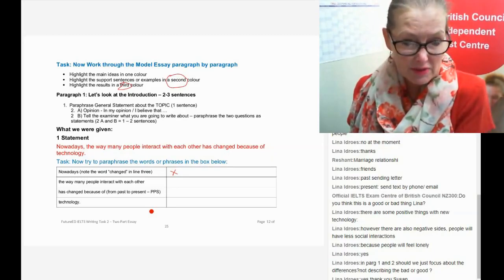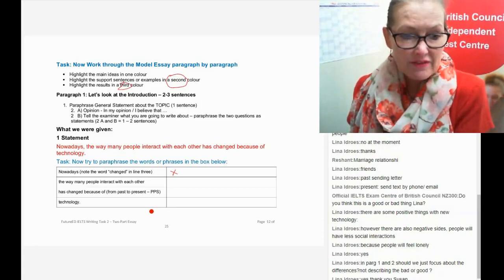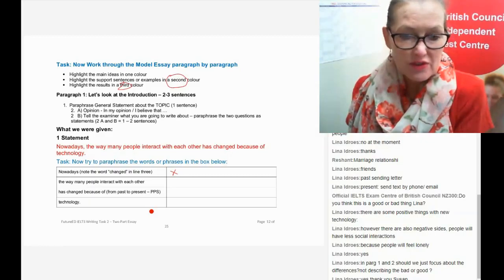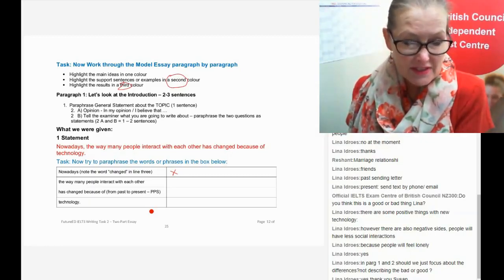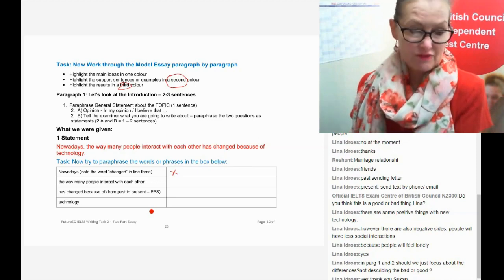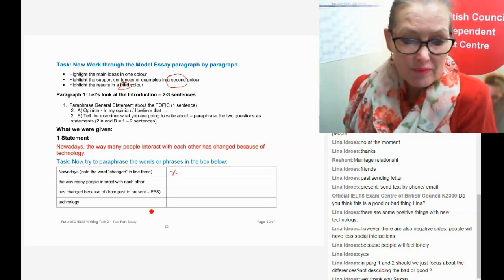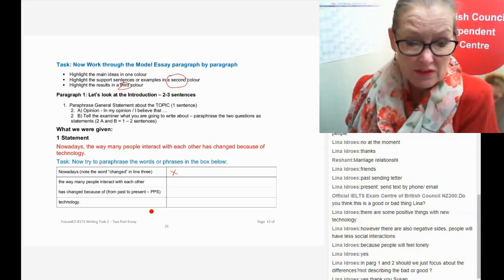Have a look at the statement. I've given you these words on the left-hand side, and I've broken that down. I want you to think about each part of these and write in this box here. See if you can write the sentence differently. You can do this on a piece of paper at home. You can write it down.